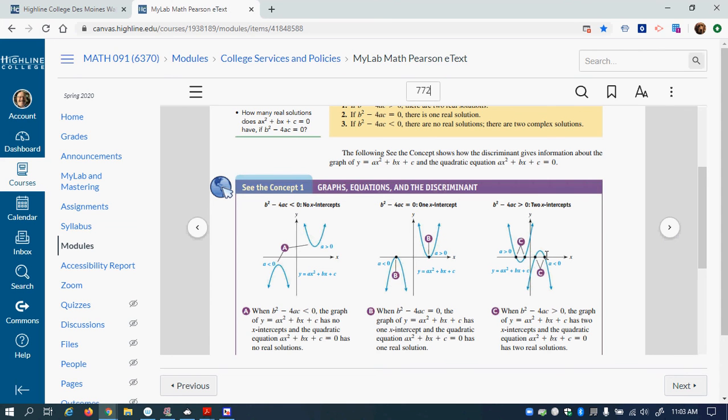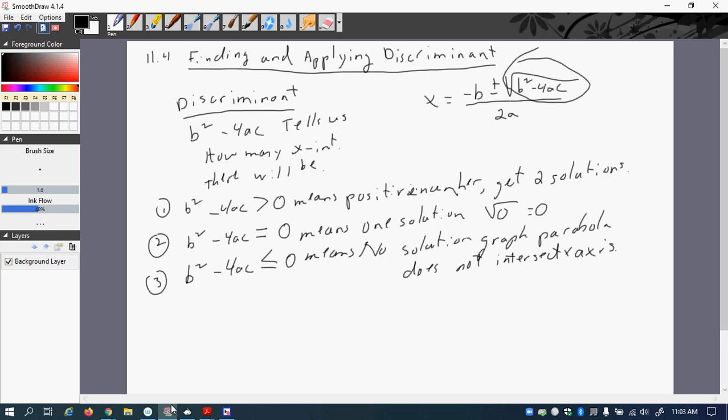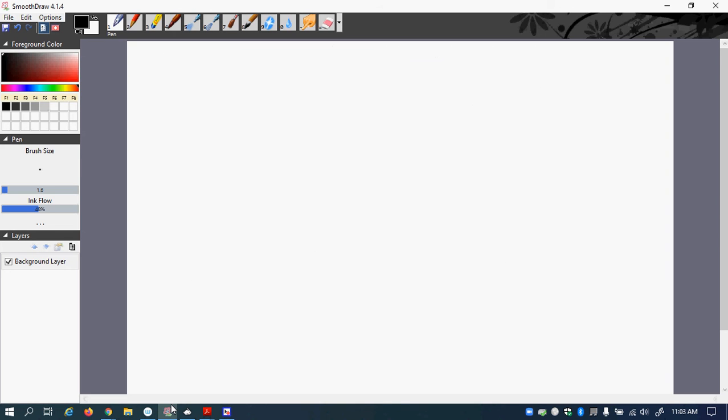And so let's take a look again at using the discriminant. Okay, so let's do that. Let's say I have another problem, and it is 4x squared plus 25 equal to 20x. Well, I want this equation looking like ax squared plus bx plus c equal to 0.